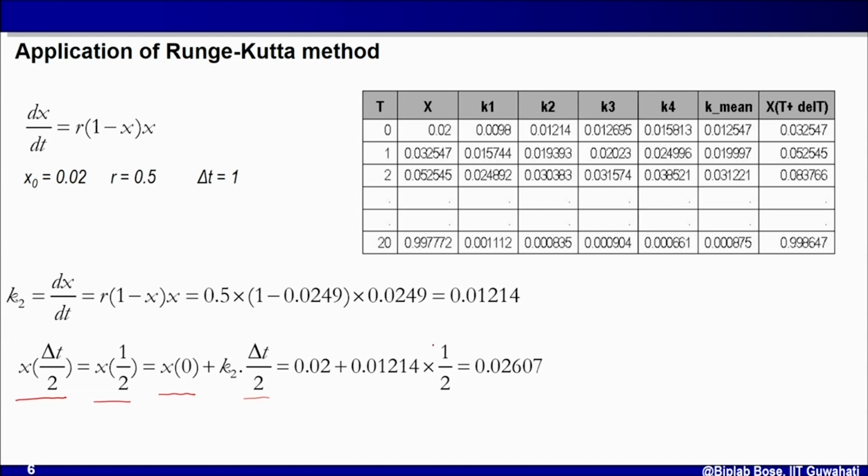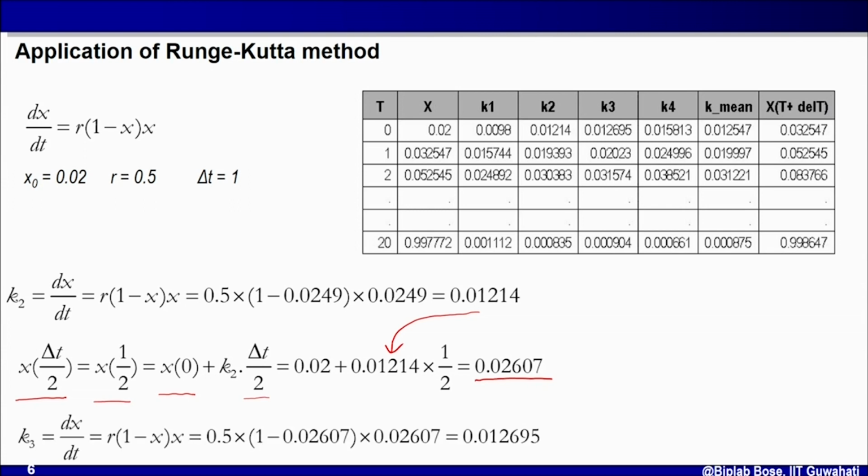If you put in the value of k2 that I calculated in the last step, I get a new value of x as 0.02607.